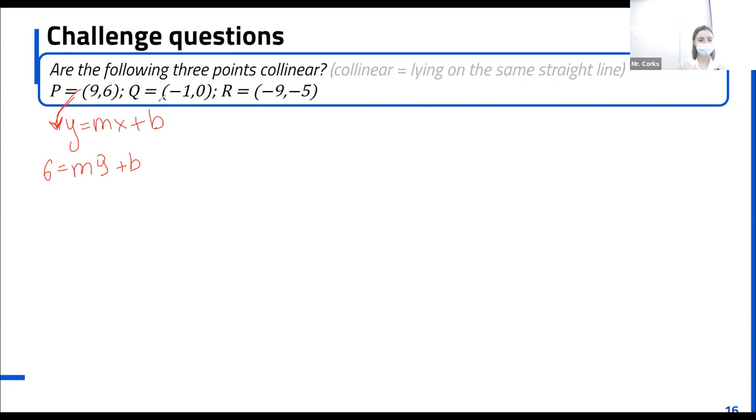Let's take the second point and the same formula, because we need to find the line. So y is 0, m is minus, x is minus 1, so minus m plus b.